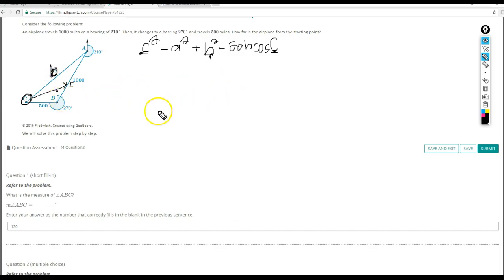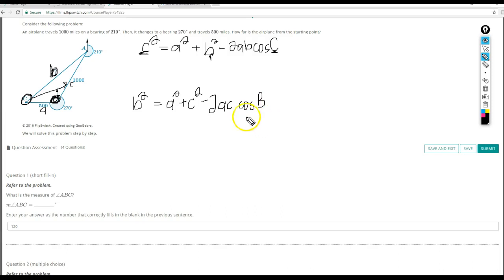I'm finding side length little b, so I'm going to have b squared. The side length that I'm looking for is going to equal a squared plus c squared, which are the two adjacent sides, compared to our angle b. So we have a squared plus c squared minus 2ac times the cosine of angle b.